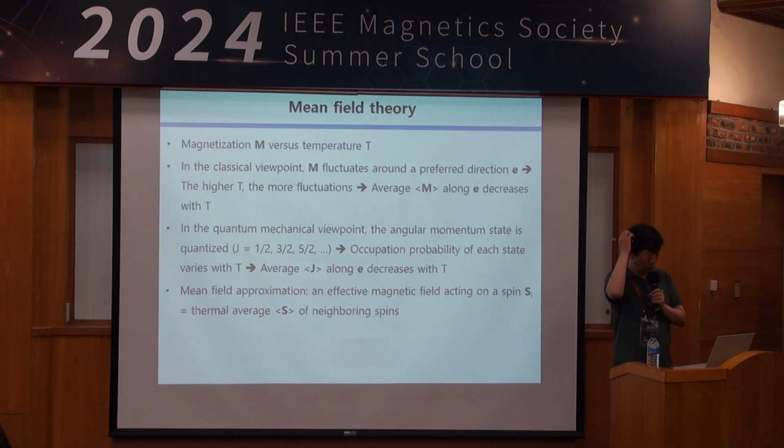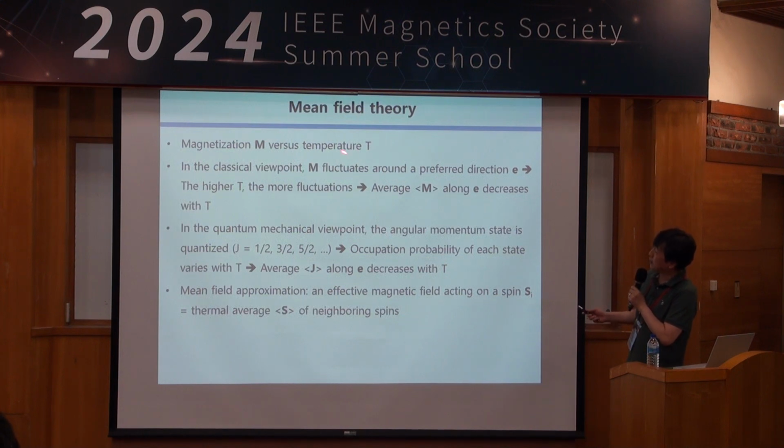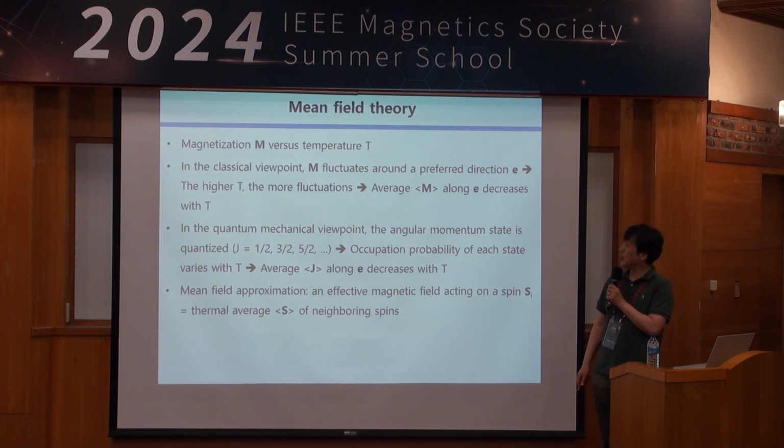Okay, so the first one is the mean field theory. Here we want to calculate the magnetization as a function of the temperature. There are two different viewpoints. One is the classical viewpoint. In this case, your magnetization vector randomly fluctuates around the preferred orientation along the magnetic field direction or magnetic z-axis direction.